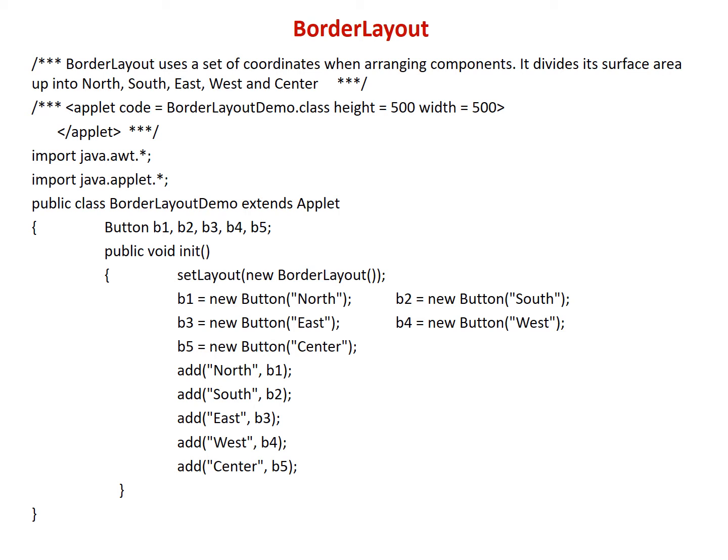In this program, we have created 5 buttons B1, B2, B3, B4 and B5 with the captions north, south, east, west and center. And after this, by using 5 add methods, we have added these buttons to the north, south, east, west and center.